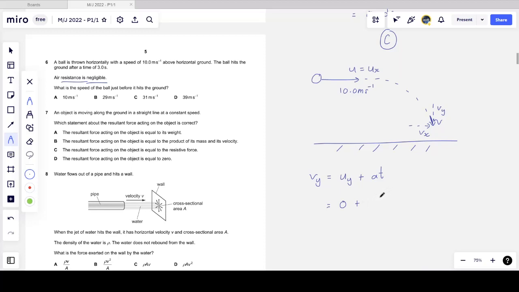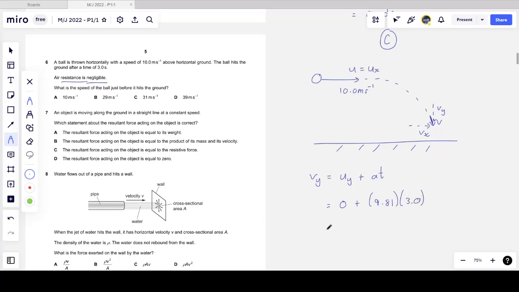Plus the acceleration. Do we have the acceleration? Well, yes, we do. If we choose down to be positive, since we have no upward motion in this entire scenario anyway, the acceleration is only due to gravity. There isn't any other acceleration on this object. And the time it takes to reach the ground is 3 seconds.